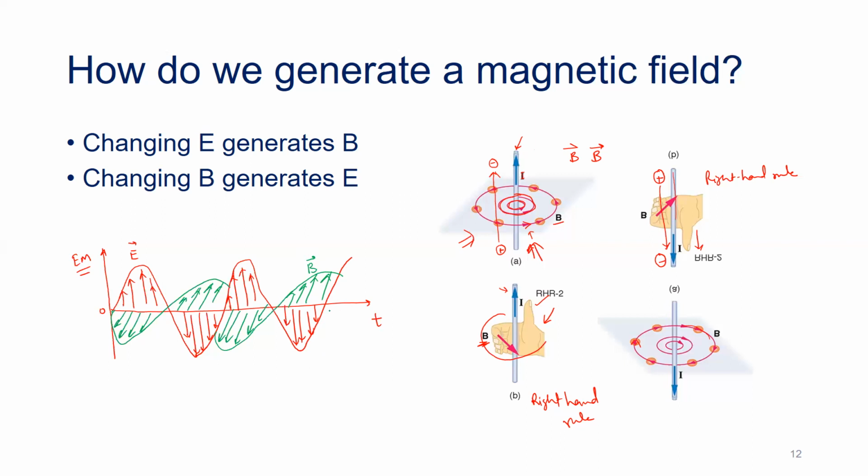And this combination is perpendicular to the direction of propagation, which is in the z. So let's say we have the z direction, this would be the x plane, then there will be a y plane like this. So this will be y, this will be z.